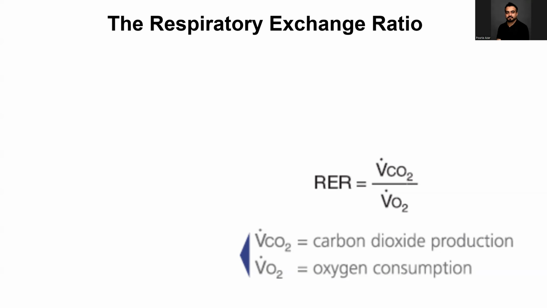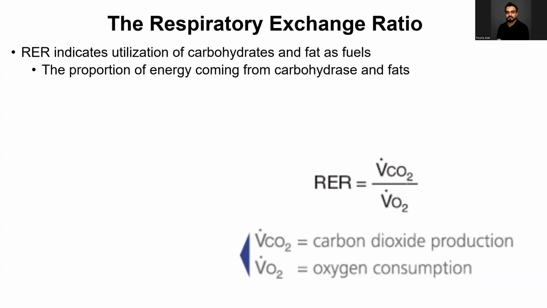That's the formula for the respiratory exchange ratio. And it indicates the utilization of carbohydrates and fat as fuels, the proportion of energy coming from carbohydrates and fats. When we have the value for RER, we can say how much of the energy comes from carbohydrates and how much of it comes from fats. That's what it shows us.